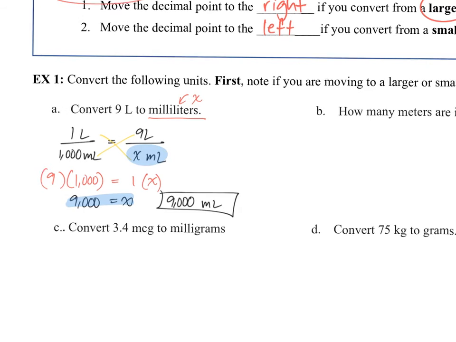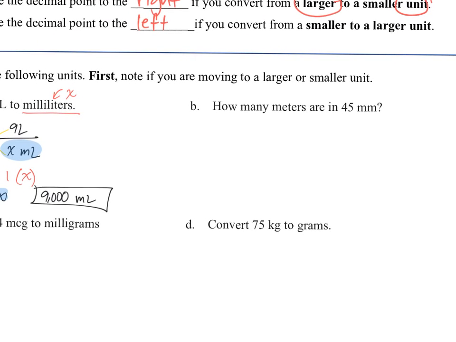Let's look at B. How many meters are in 45 millimeters? Well, let's go ahead and we're going to start, remember, with a proportion. So I want to find an equation that equates meters to millimeters. Well, I know that 1 millimeter is equal to 0.001 meters.